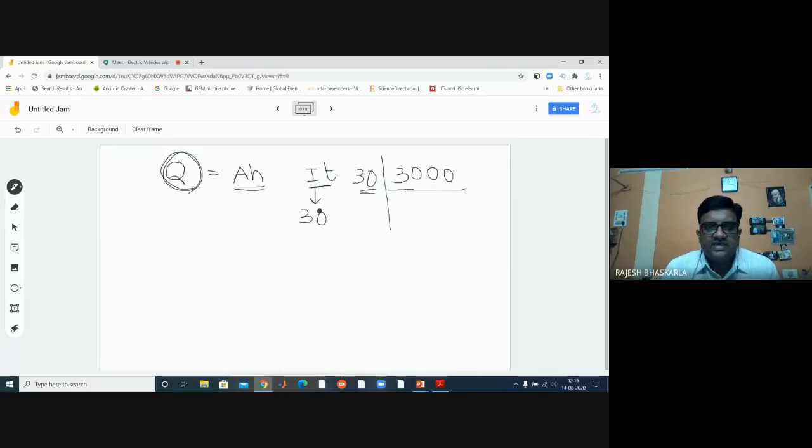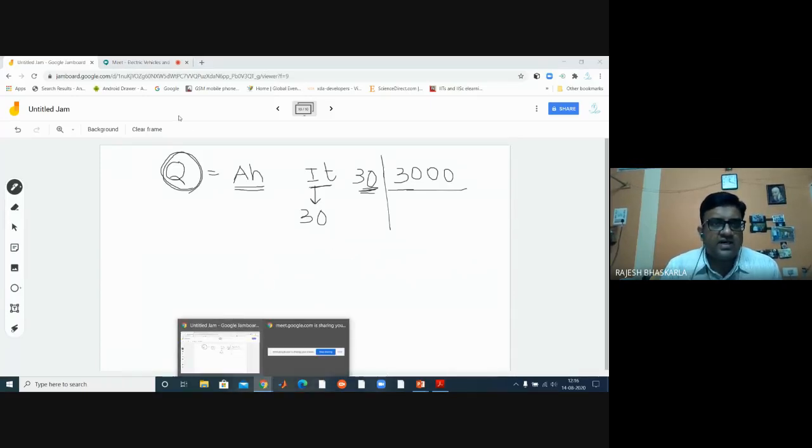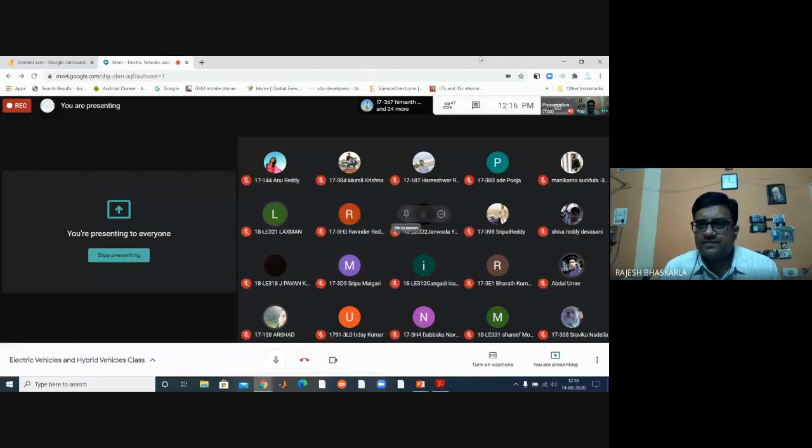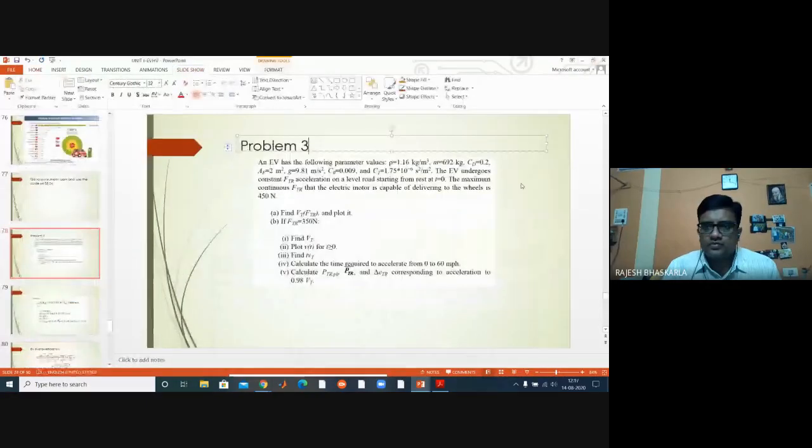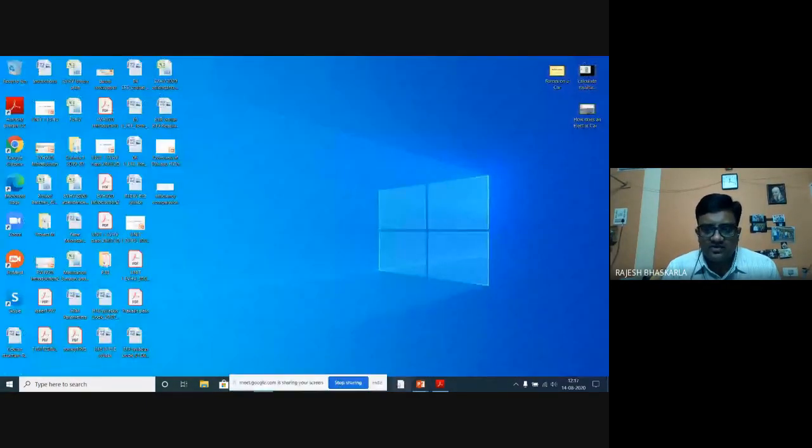If you have a 30 ampere hour battery and the current drawn by the vehicle is 30 amps, how much time can the battery run?